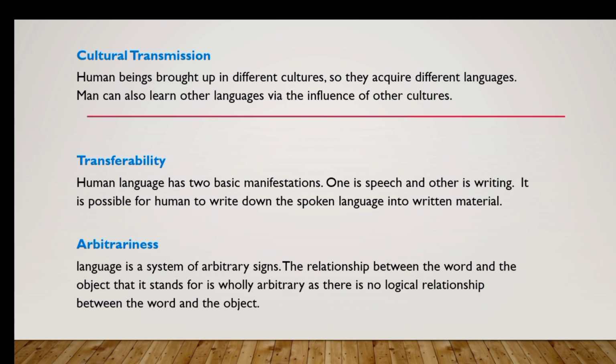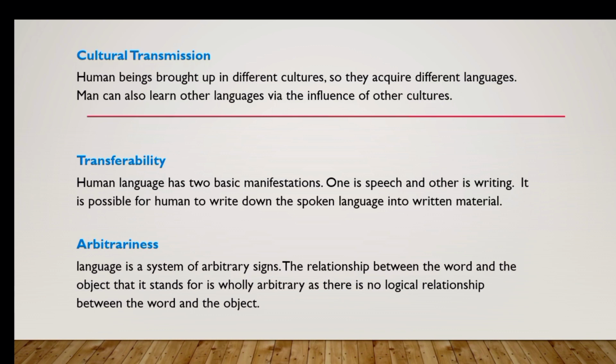The fourth design feature of human language is cultural transmission. We know very well that human beings grow up in multiple cultures and they acquire different languages due to the influence of other cultures, and it is called cultural transmission. The next design feature of human language is transferability.